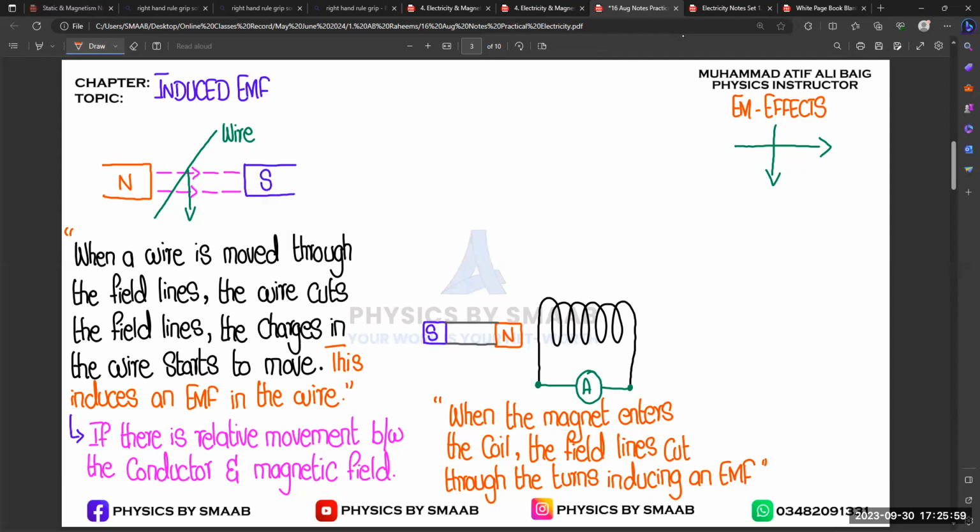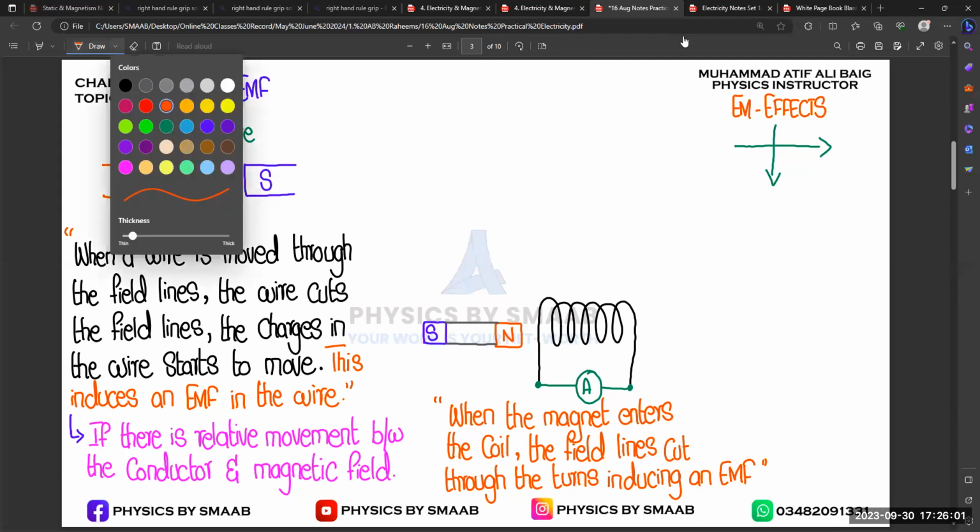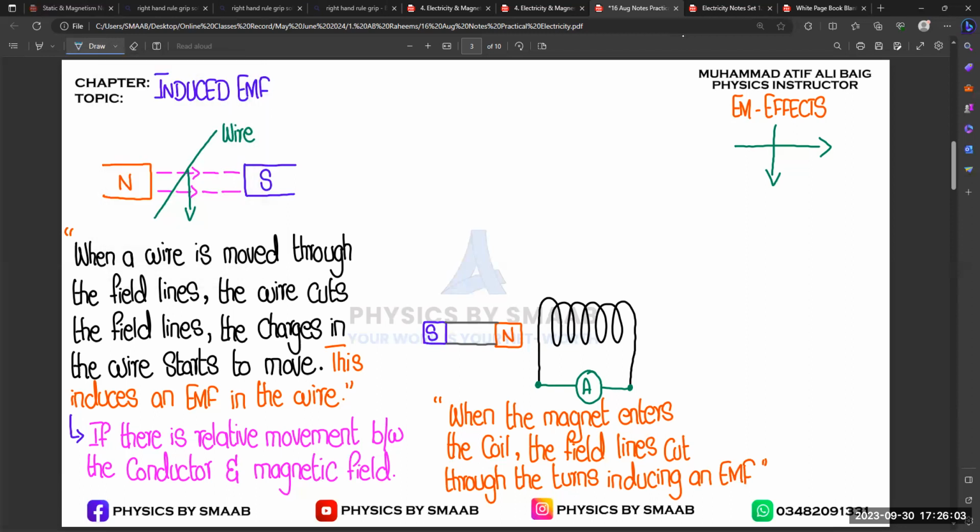Because when the magnet starts to move through the coil, if we mark the magnetic field lines, they will be crossing the conductor like this, right? And when you start to move that magnet through the coil, your field line actually changes, and due to the change in the field lines through the conductor, EMF will be induced there, right?